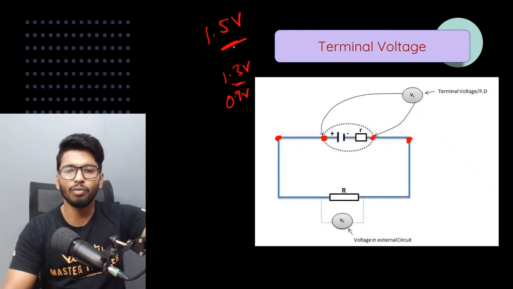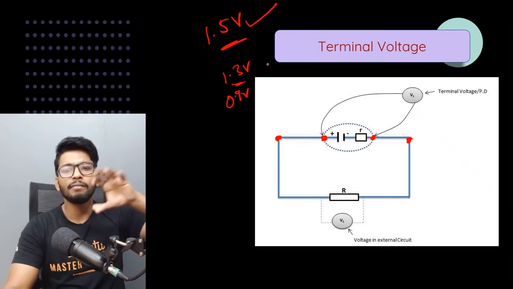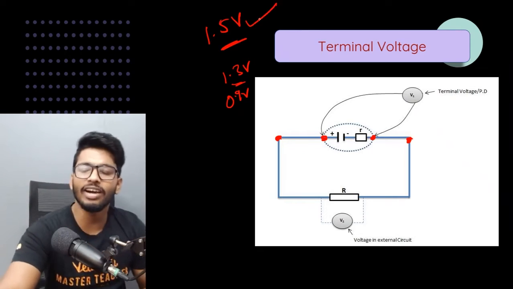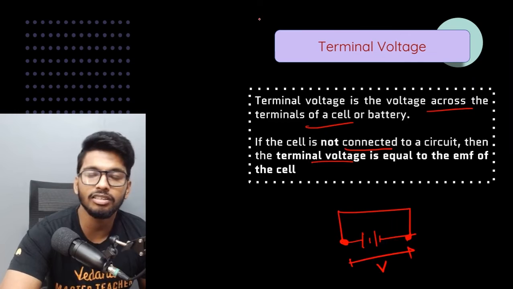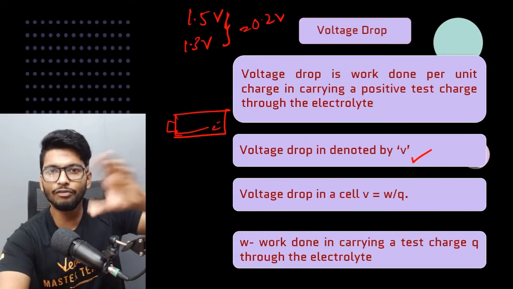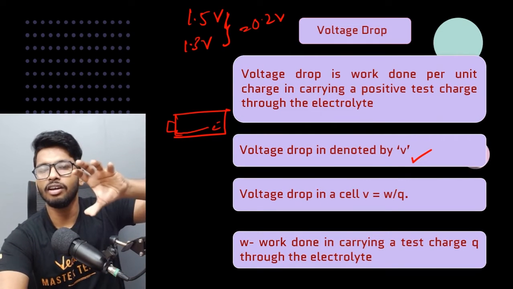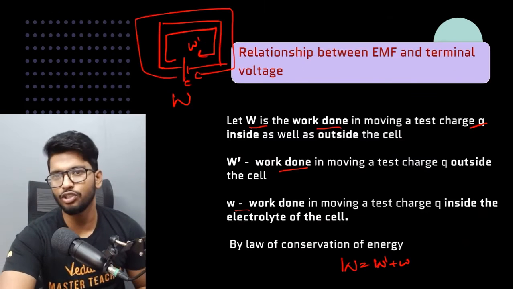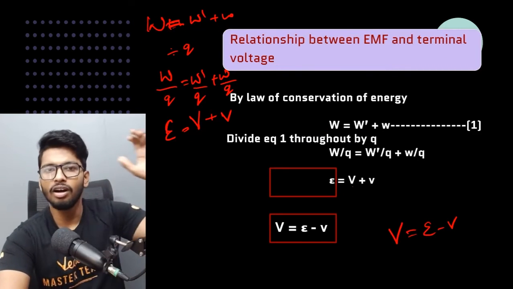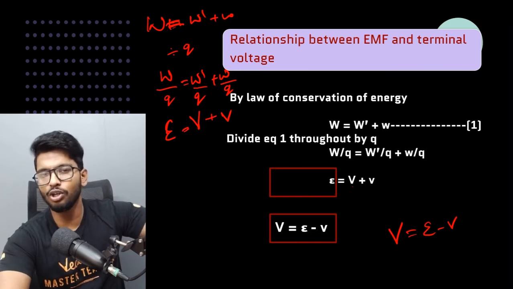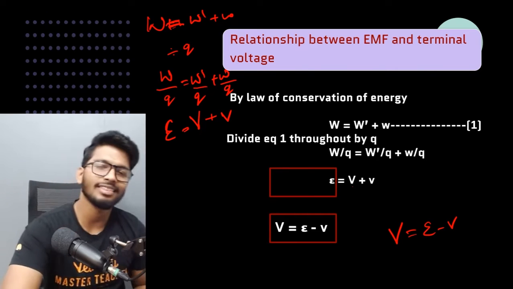So let's say 1.5 was offered, but 1.3 is what you're getting. And finally, the voltage drop is nothing but the difference between the EMF and the terminal voltage. This is the relationship between them: EMF is equal to terminal voltage plus the voltage drop.